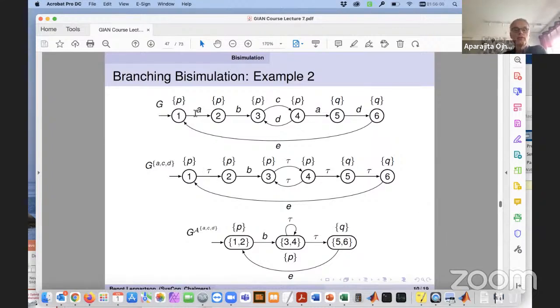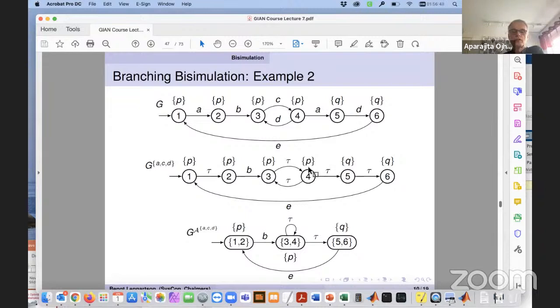In this case, we have two transitions here with visible events. But assume now that A and C and D are local events. That means that we can immediately see that we can join states 1 and 2. They have the same state label. And then we get the visible B. And then it's interesting that you also get a loop here with a tau event, but the same state label, so it's joined like this.